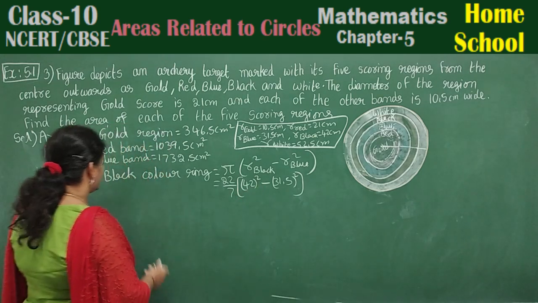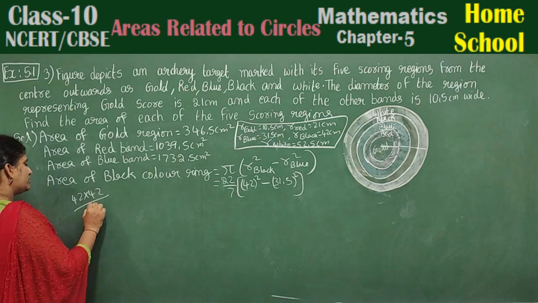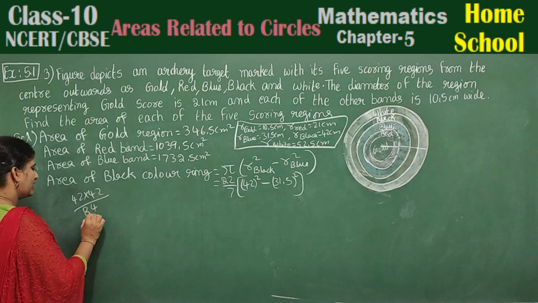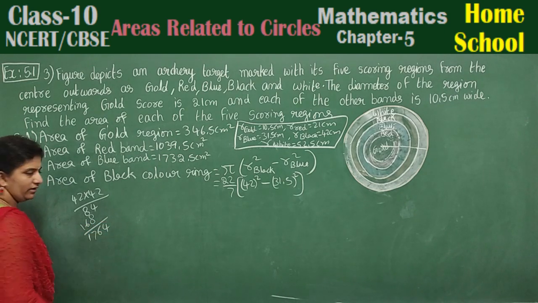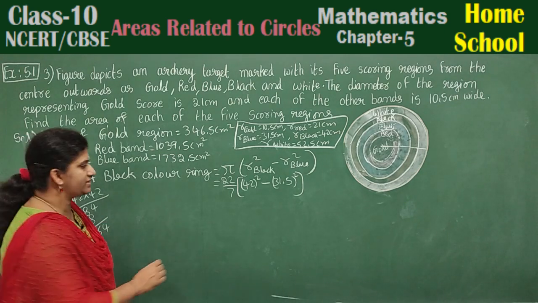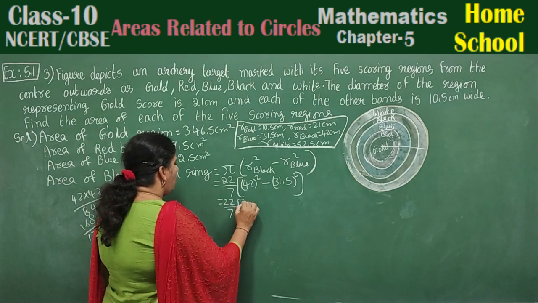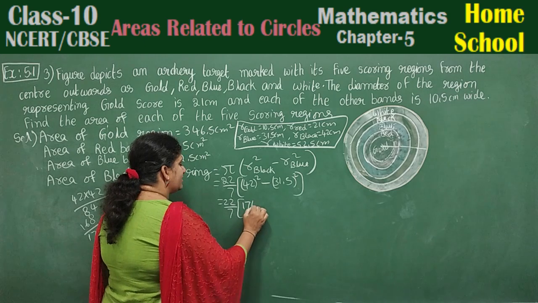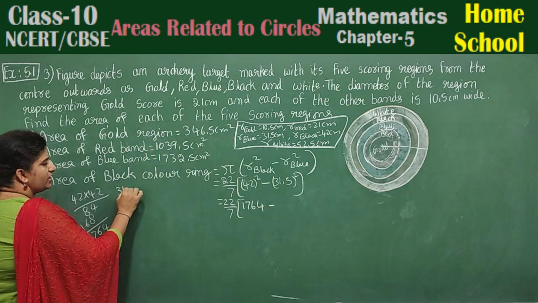Let us calculate this one. 42 into 42. 2 2s are 4, 8. 4 2s are 8, 16, 4, 7, 1. This will be 1764. 22 by 7 into 1764 minus. Again multiply this one.